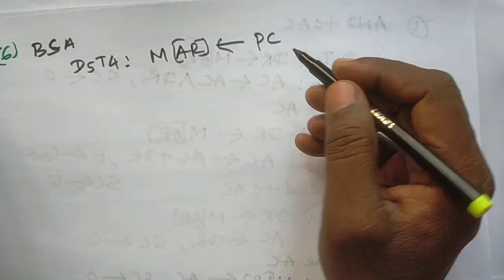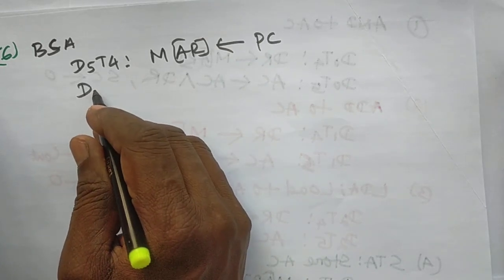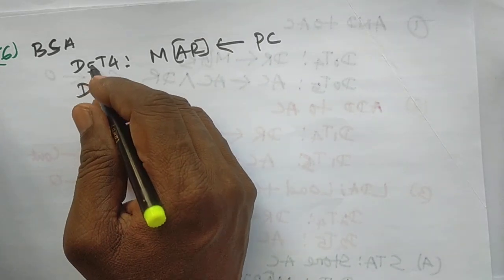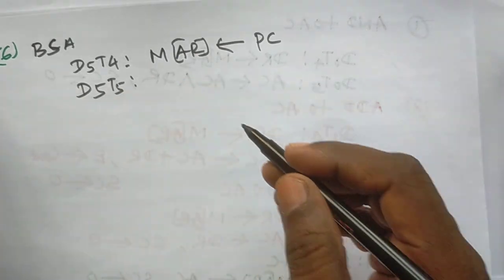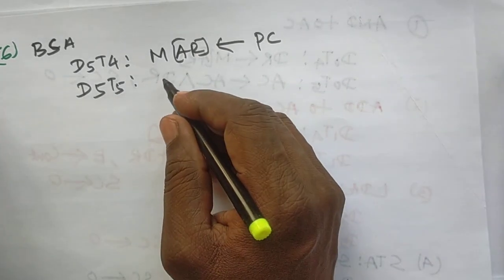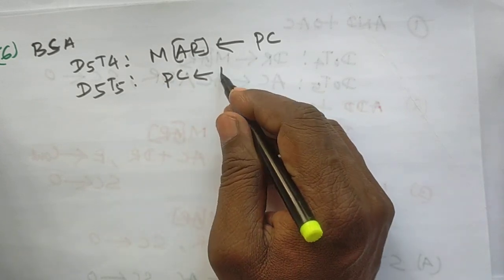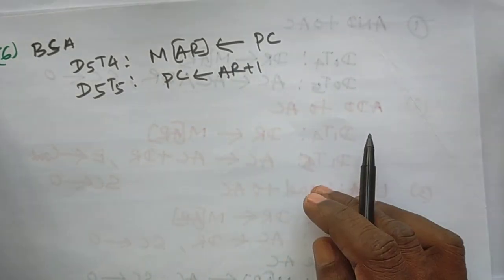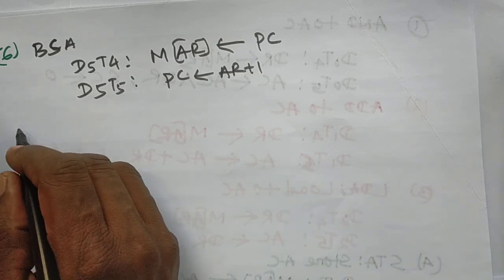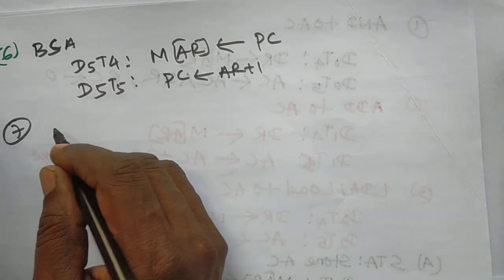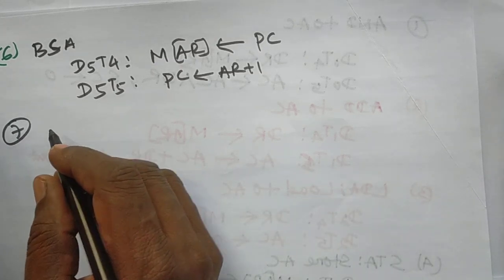And another is D5 T5: PC will receive data, PC receives AR plus 1, in this way, as per that statement.